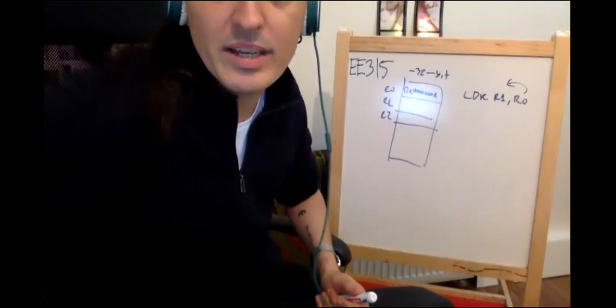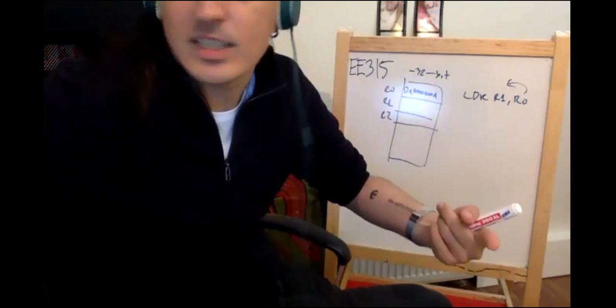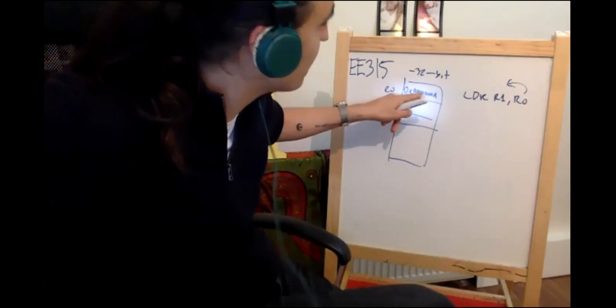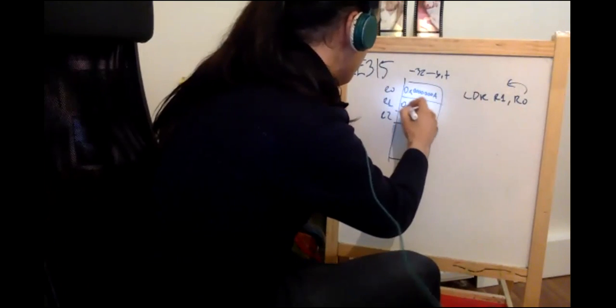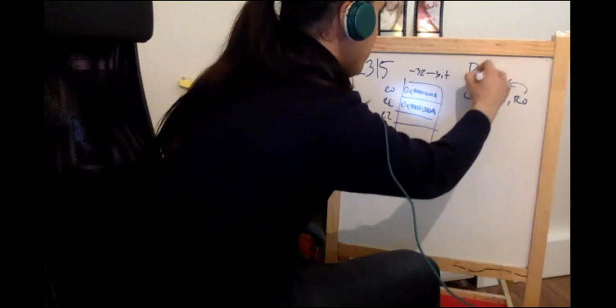Since I don't have the square brackets here, this is direct addressing. Get the value inside R0 and write it to R1, which means after this operation is complete, you'll have the same value in R1. This is direct. Any questions about direct?